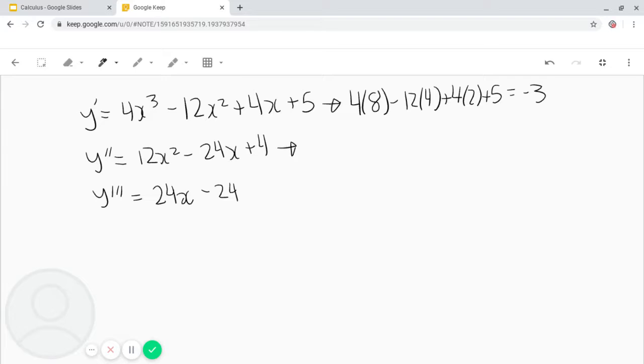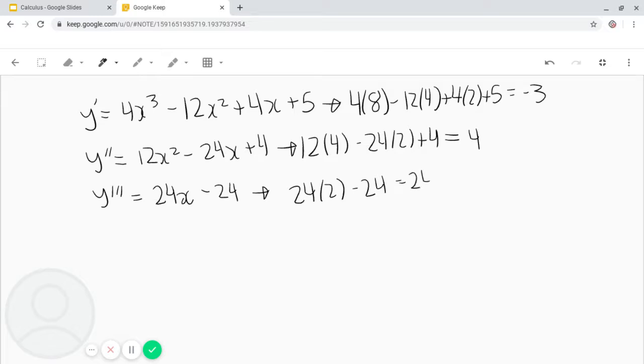And this one, so 12 times 4 minus 24 times 2 plus 4 equals just 4. And then 24 times 2 minus 24 equals 24.